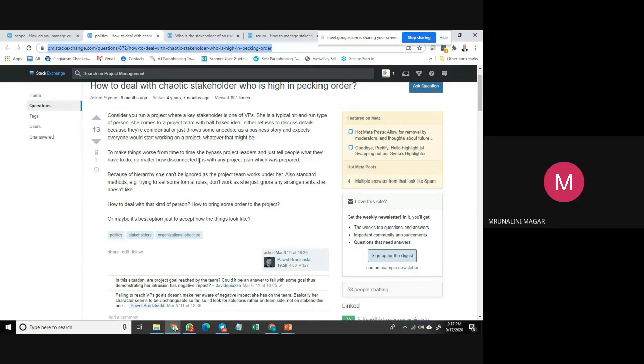Consider you run a project where a key stakeholder is one of the VPs. She is a typical hit and run type of person. She comes to the project team with a half-baked idea, and either refuses to discuss details because they are confidential, or just throws out some anecdote as a business story and expects everyone to start working on a project, whatever that might be.